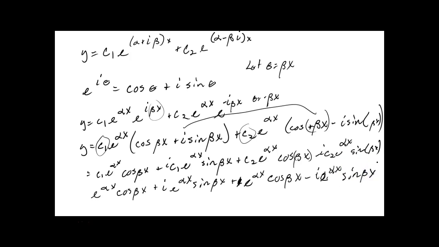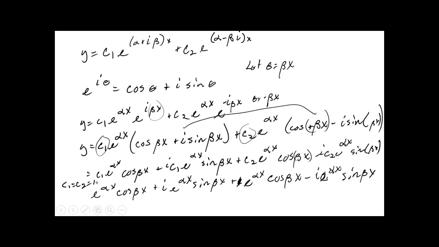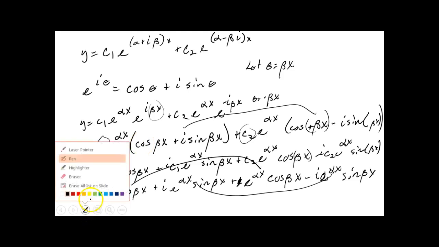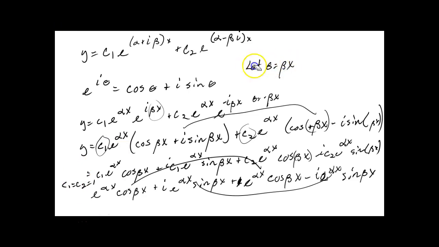Okay, those are when C1 equals C2 equal 1. Okay, just as long as they're not 0. Well, look at what we've got here. These two terms are exactly the same. These two are exactly opposite each other. So in that case, you wind up with no more room on the board. So I think I'll come up here and erase these two, if I can get away with that, okay?